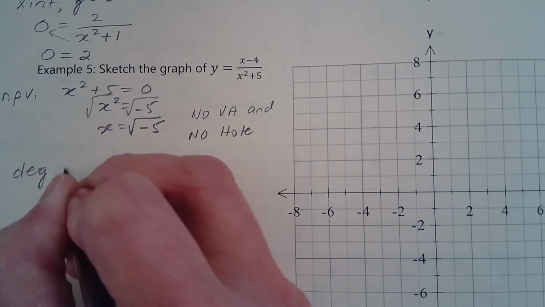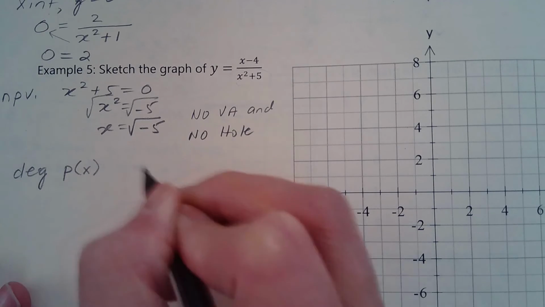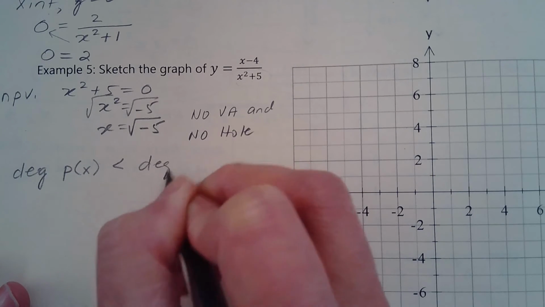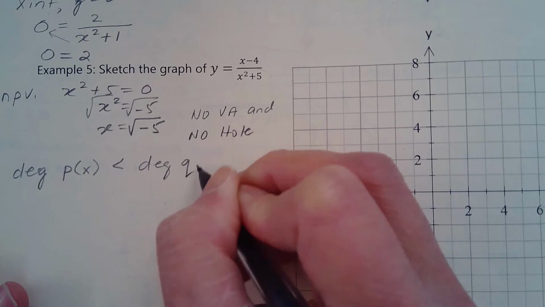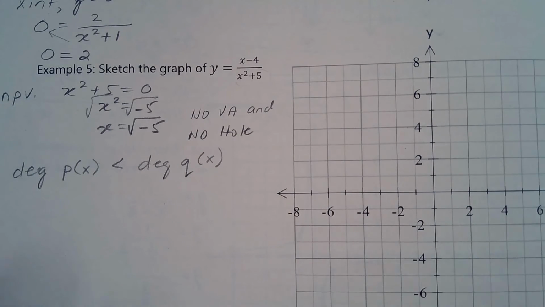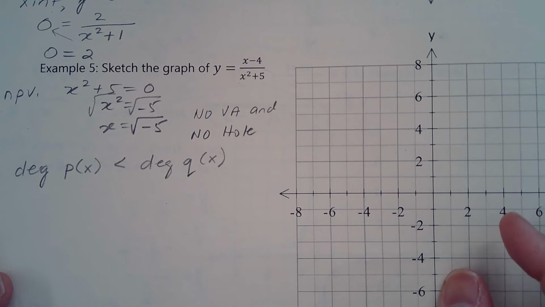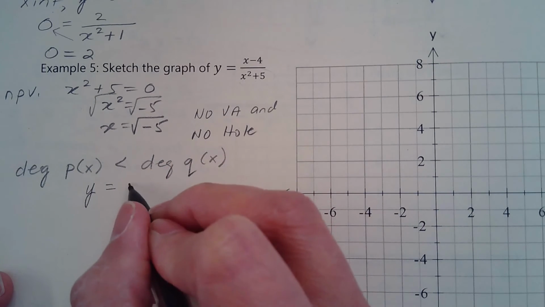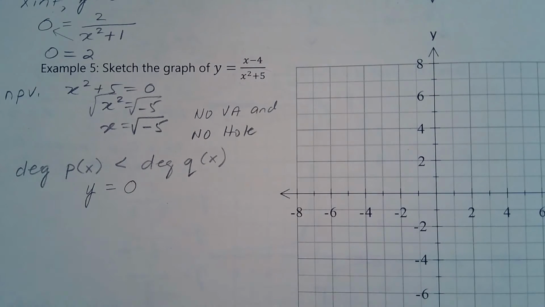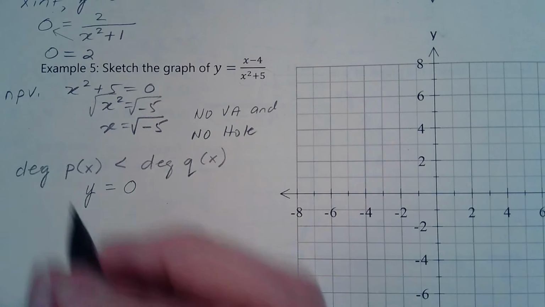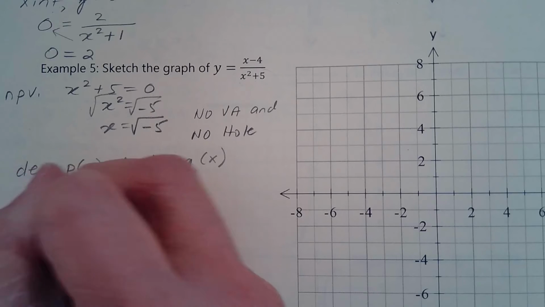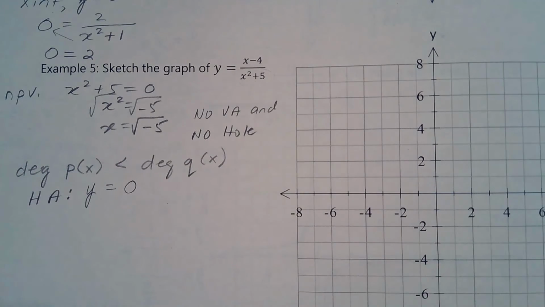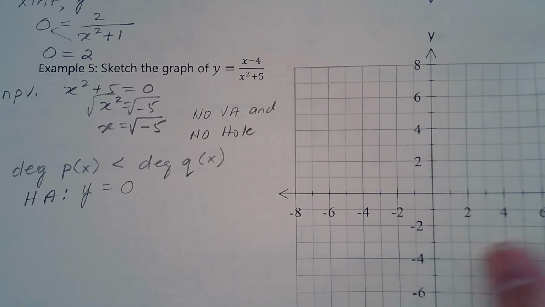The degree of the numerator is less than the degree of the denominator. So that tells us y equals 0, right? Okay, so that's our horizontal asymptote. Great.